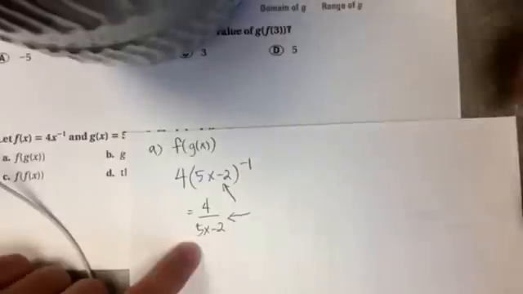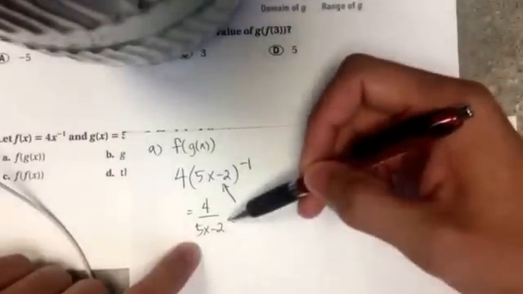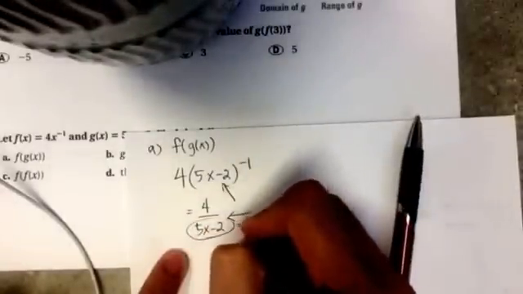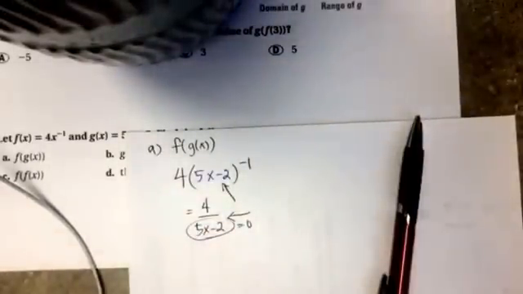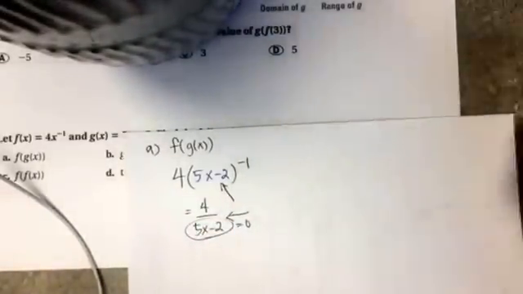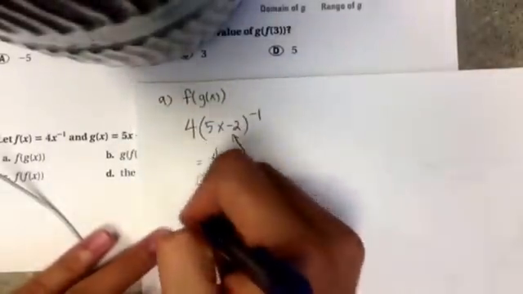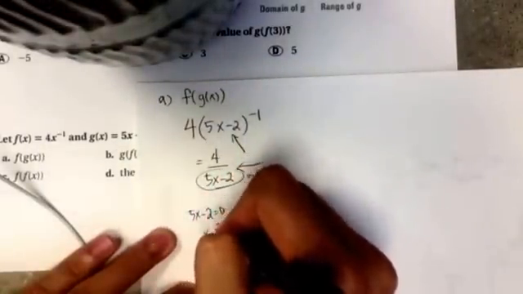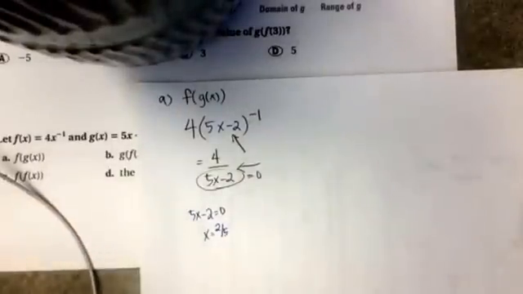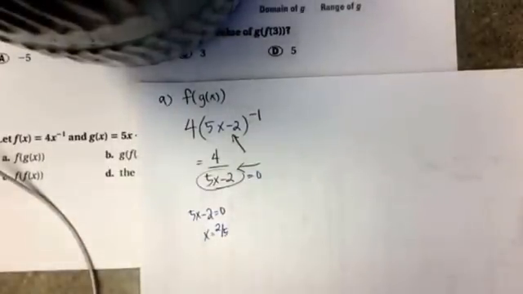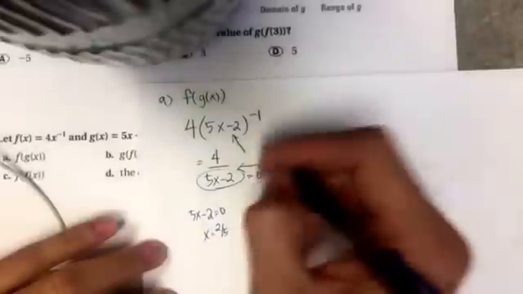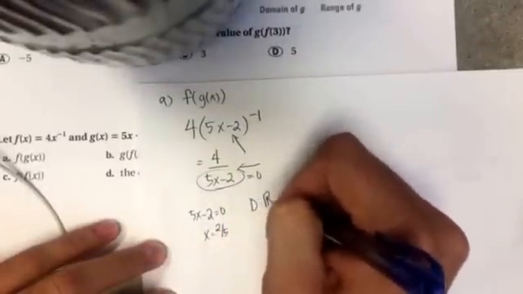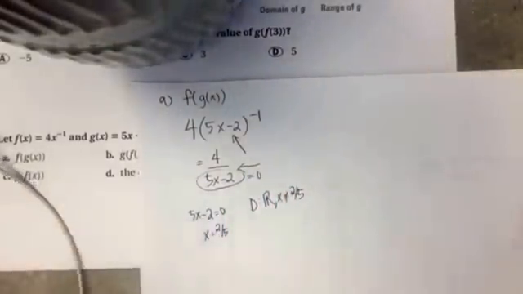Notice how it became a fraction. Since it became a fraction, whatever makes this denominator equal to 0, that value has to come out of my domain. So if I set that denominator equal to 0 and solve, you'd add 2 and divide by 5, which gives you 2/5. So when I'm talking about the domain of this composition, x can be anything except 2/5.